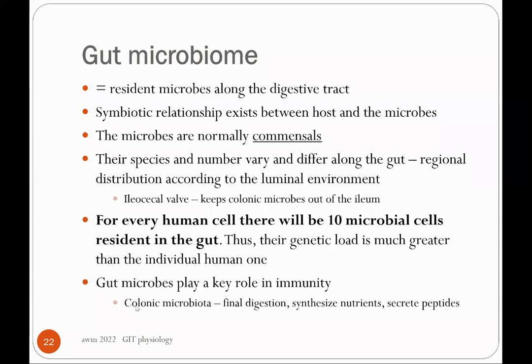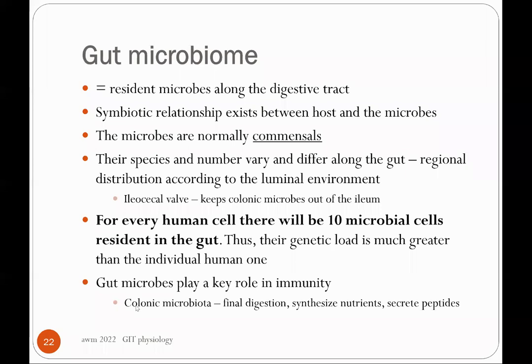And the population that is in each region differs. So you won't have the same microbes, for example, in the esophagus as you would find in the colon. But you've got a symbiotic relationship that exists between you, the host, and the microbes in the gut.